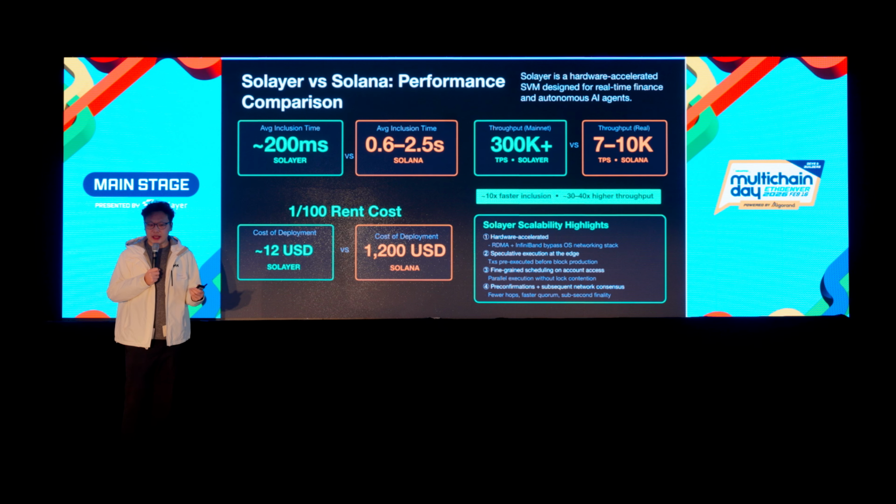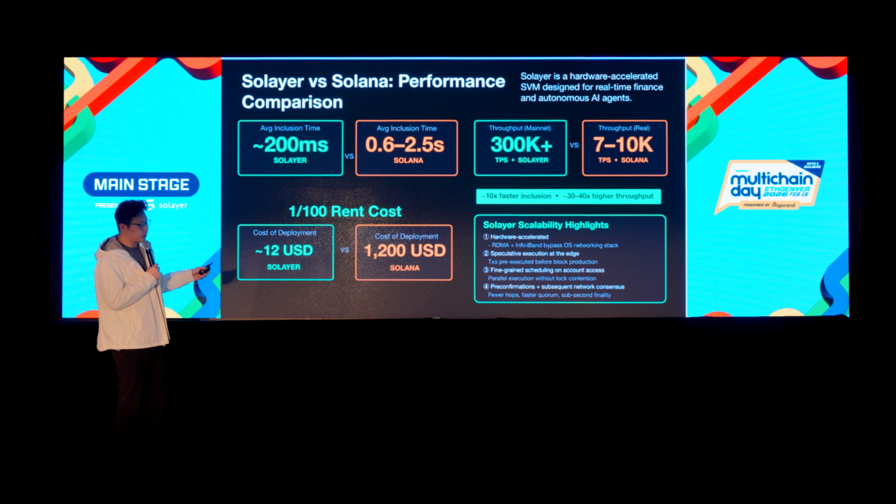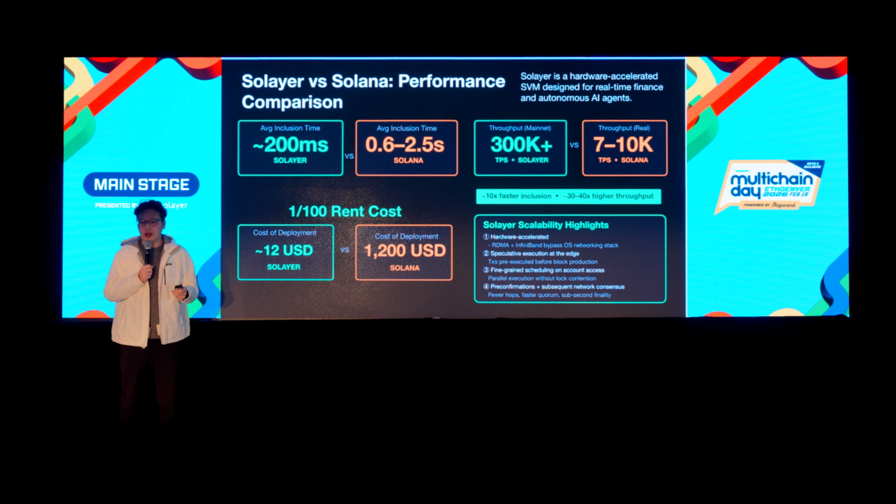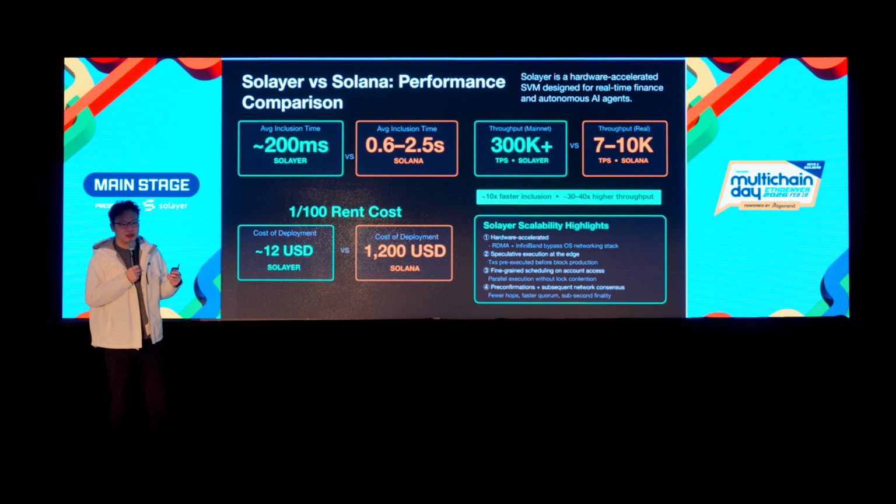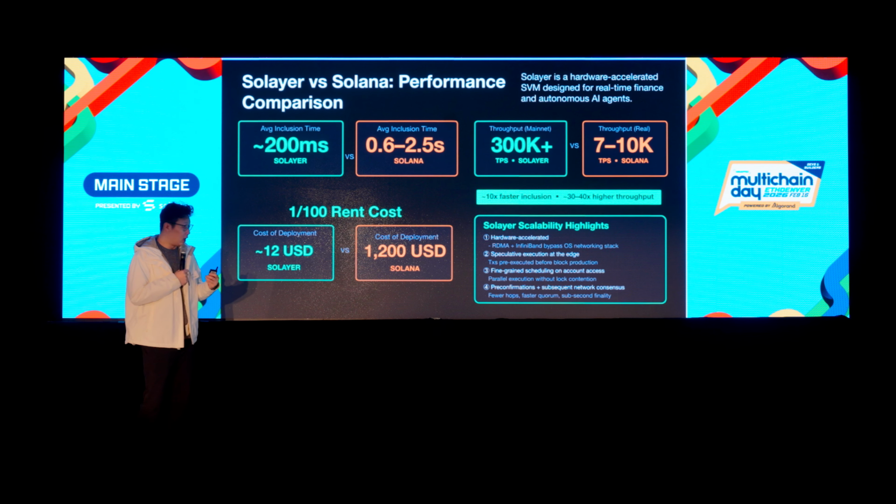From a developer perspective, one of the biggest differences you can notice is that the rent cost when you are deploying your contract is going to be 1% of what you will experience on Solana. This is from real data because we deployed contracts on Solana as well. Our restaking contract back then cost us about $1,200. If you were to do the same thing on Solayer, it's probably just $12, right?